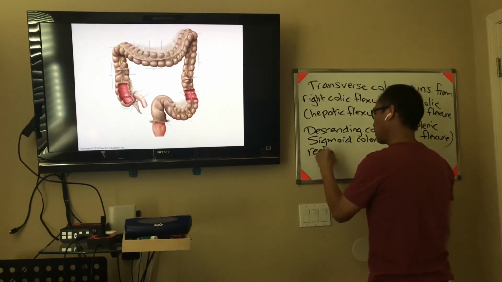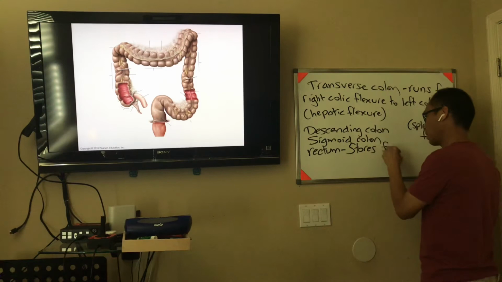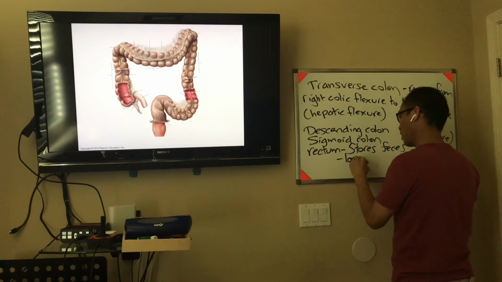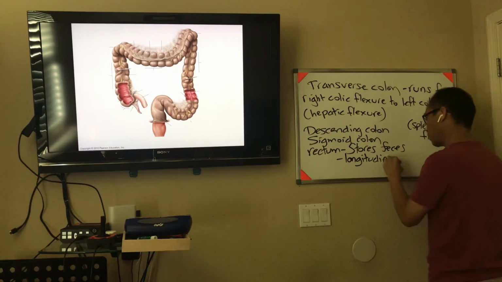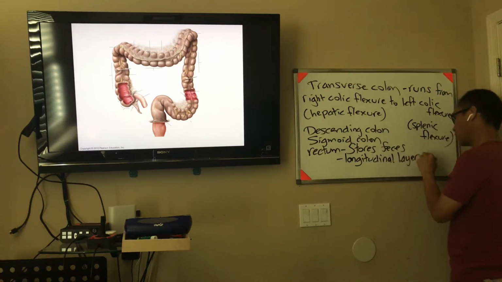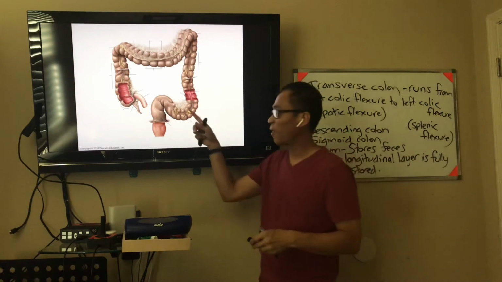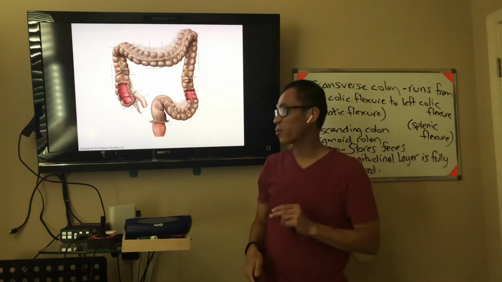So at the rectum, which basically stores feces, but also anatomically, the longitudinal layer is fully restored. Again, it's not the three little Taenia coli. They're fully restored there. So the longitudinal layer of muscularis externa is fully restored.